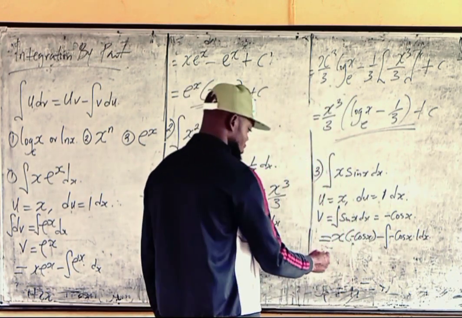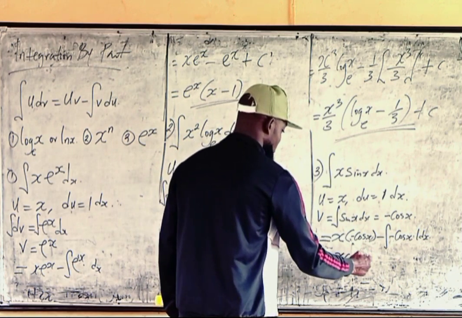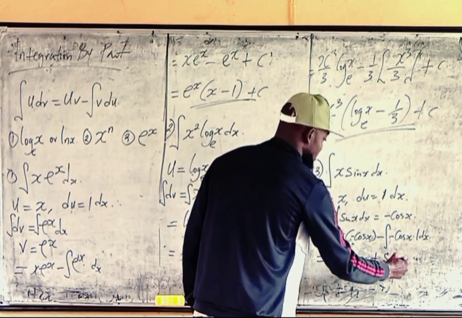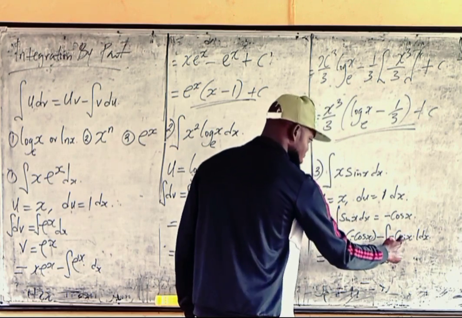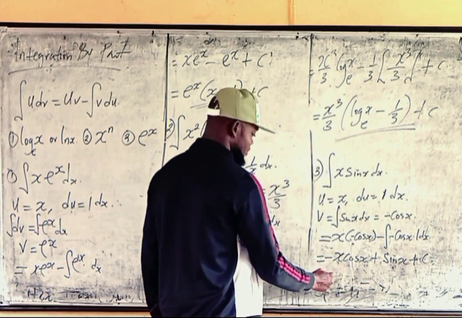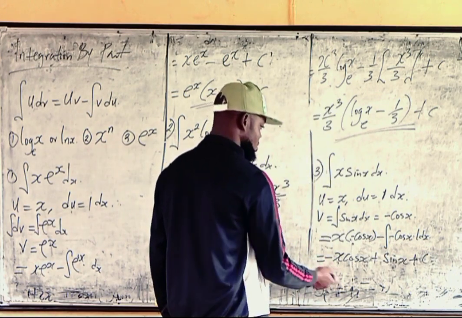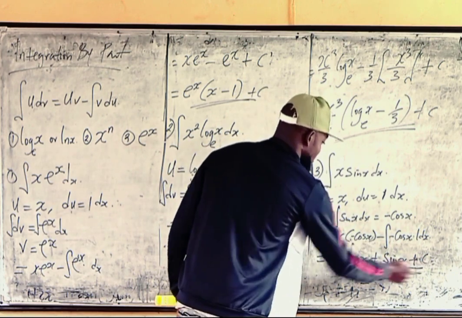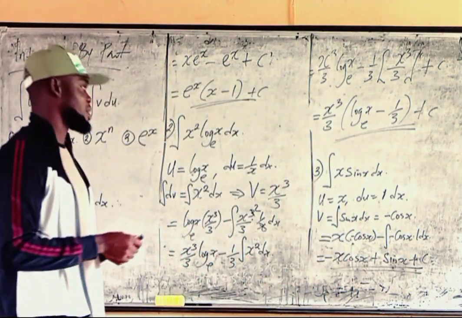That's plus minus x cos x plus the integral of cos x, which gives sine x, plus c. So you're going to have minus x cos x plus sine x plus c. That's our answer.